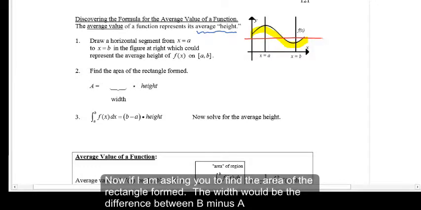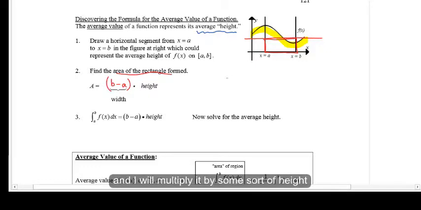Now if I ask you to find the area of the rectangle formed, I'm asking you to find this. To do that, the width would be the difference B minus A, and we'll multiply by some sort of height.